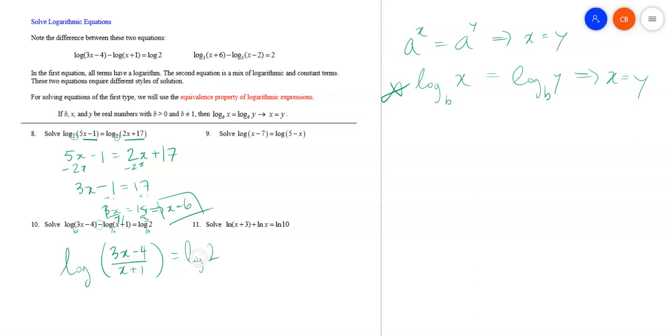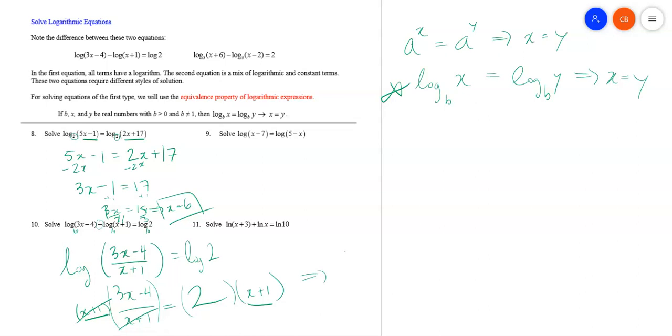And now we are able to use that property, because it goes log of something equals log of something, so we can just set these arguments equal to each other. 3x minus 4 over x plus 1 is equal to 2. Now to solve for x, we don't need to have x in the denominator, so why don't we multiply both sides times this denominator, x plus 1. On the left side, x plus 1 cancels with the denominator.